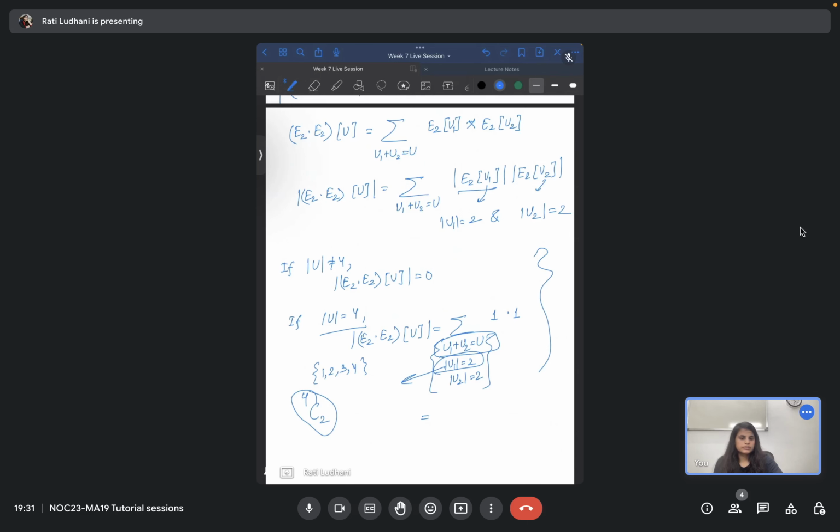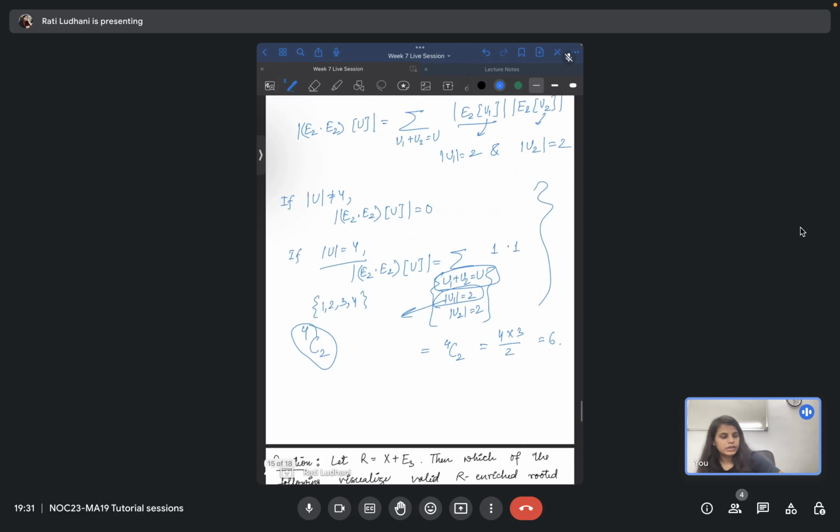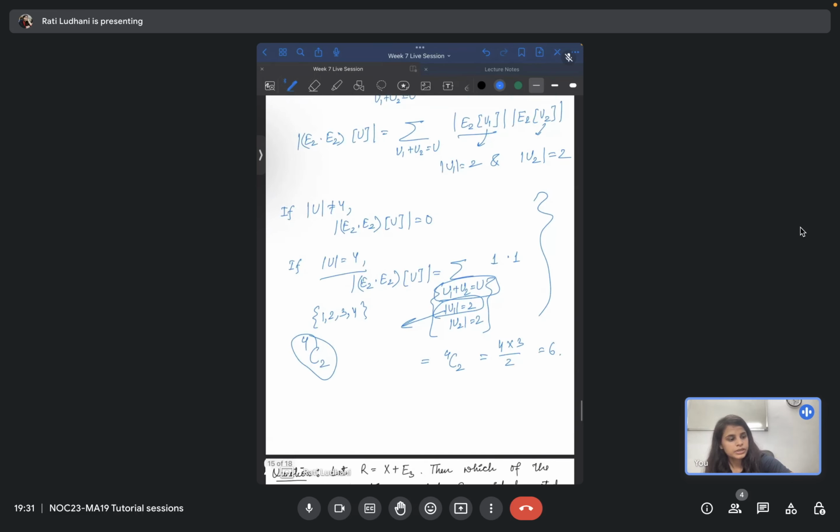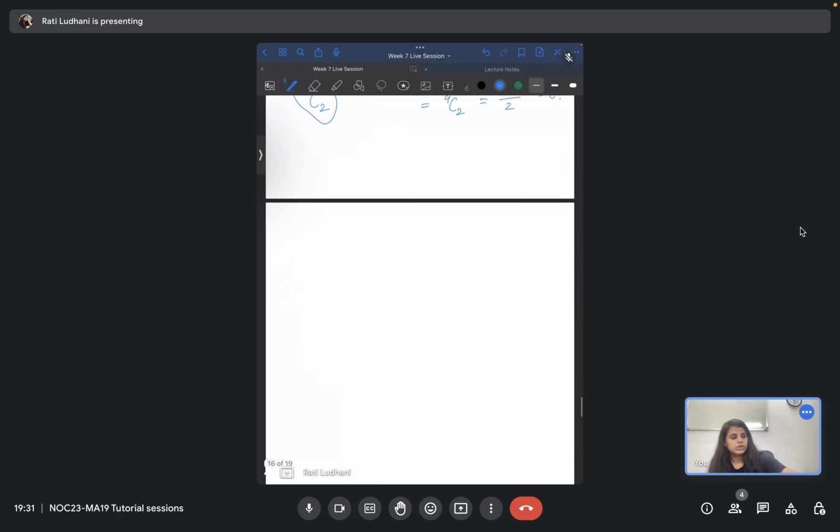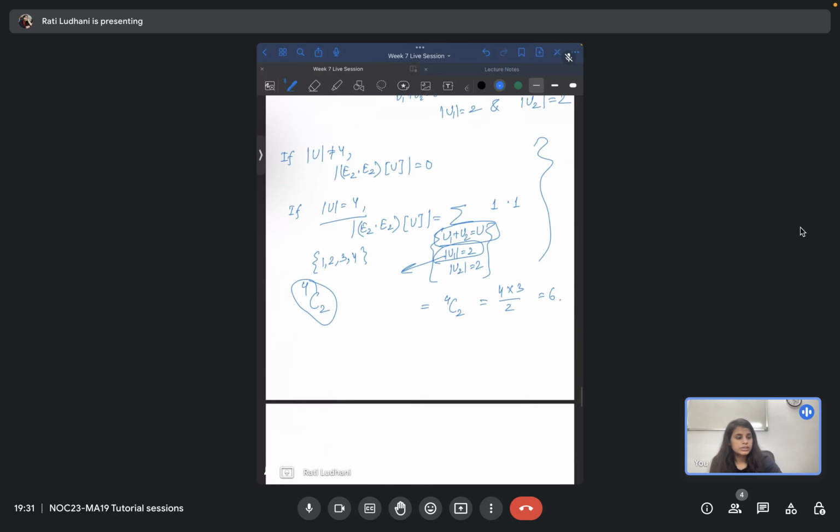Is that clear? Yes, ma'am. Okay. So 4C2 will be there, so you will get 4 into 3 by 2, which is 6. So there are 6 E2 dot E2 structures on 4.